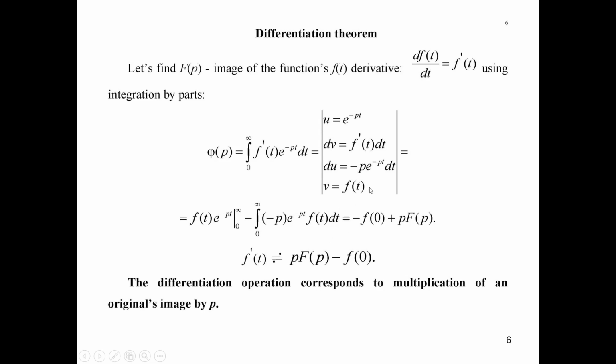So it will be minus p multiplied by the integral of e to the minus pt, multiplied by du, multiplied by f from t, by dt. This dt is here. So let's consider this summand.